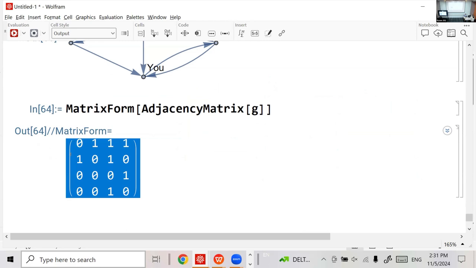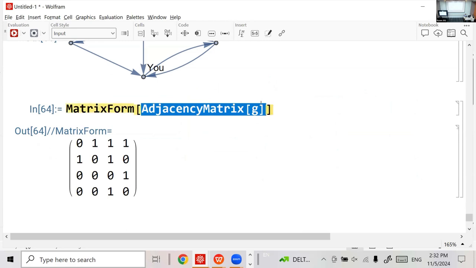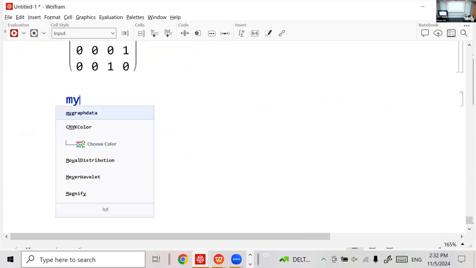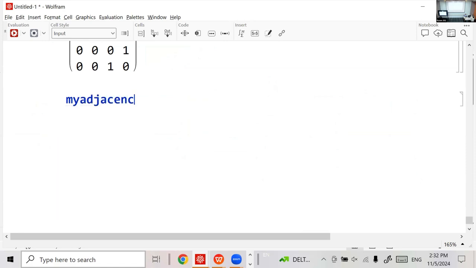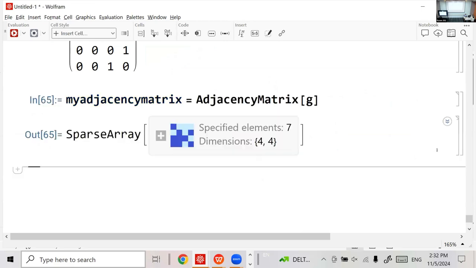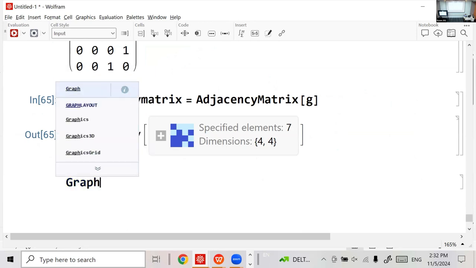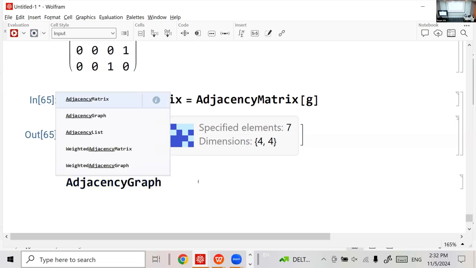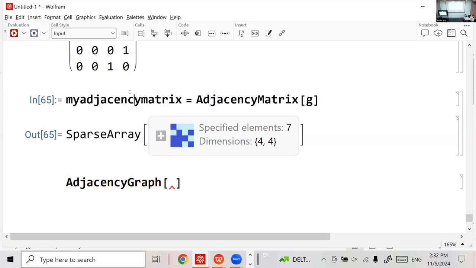Okay? So conversely, I can do things the opposite way. This is my adjacency matrix, equal to this. And then I say graph plot, adjacency graph of this.